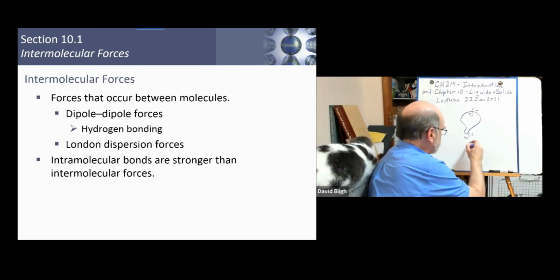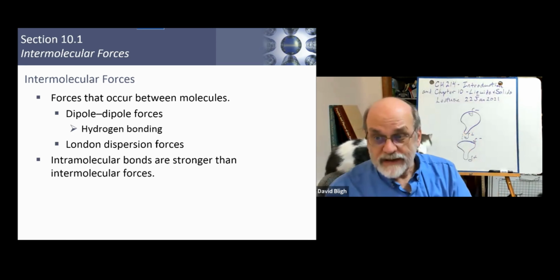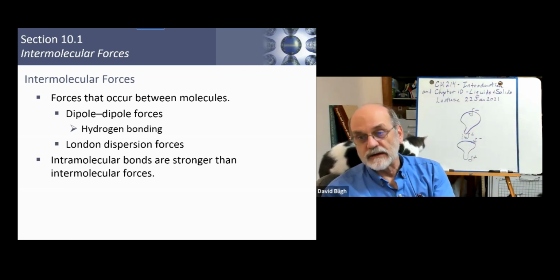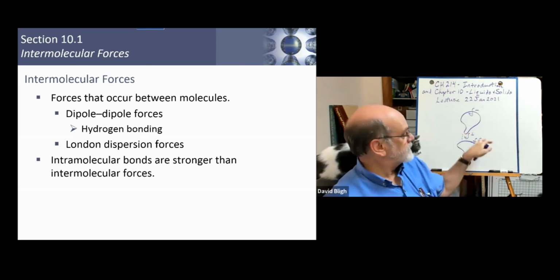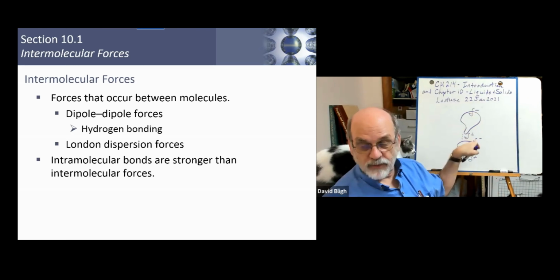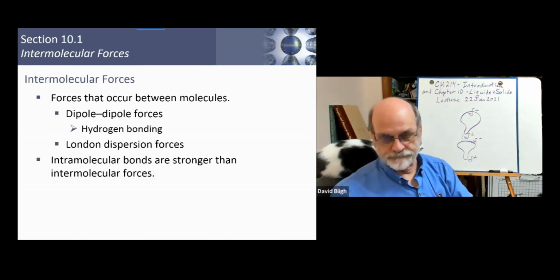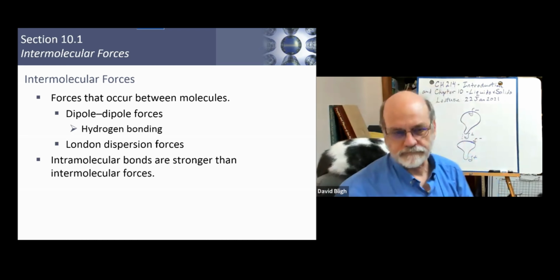So there'll be an attraction. It won't be an attraction that is as strong as an ionic or covalent bond, right? It's too weak for that. So in this case, it's a dipole-dipole. The dipole from that one attracts the dipole from that one. So it's inherently weaker than the covalent or ionic bonding.